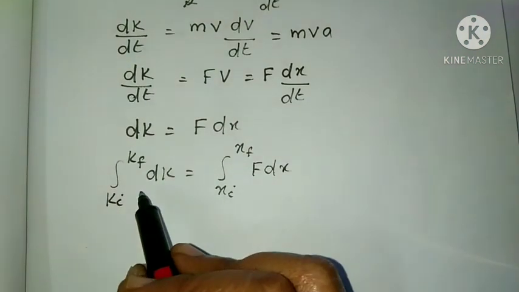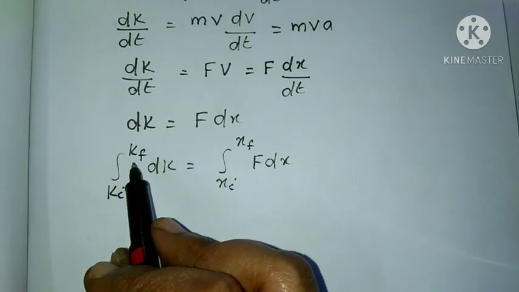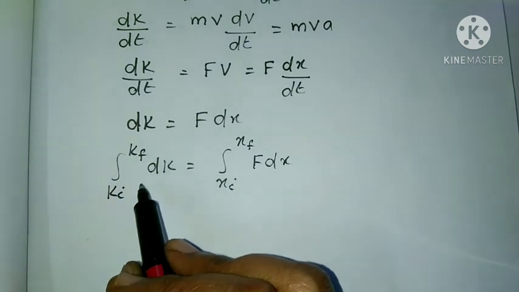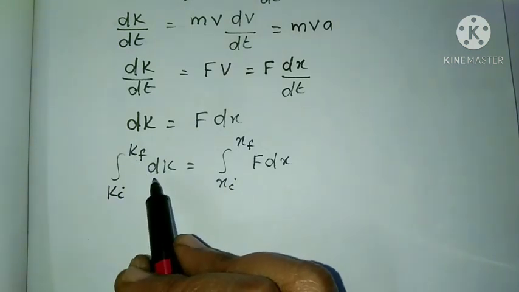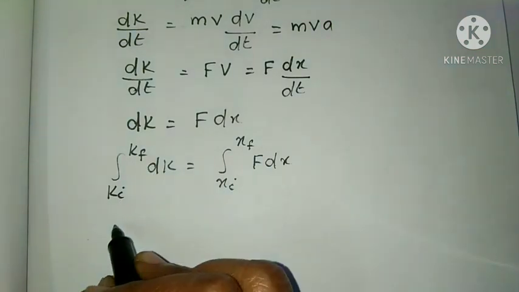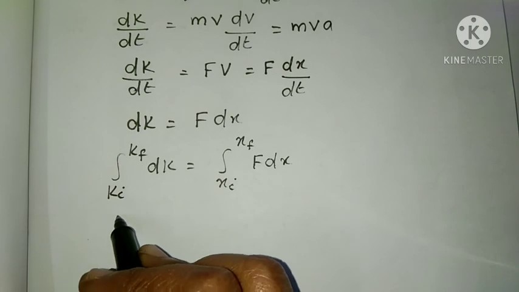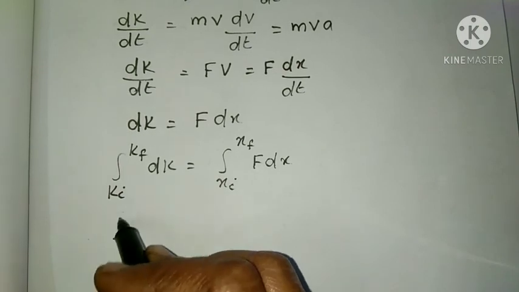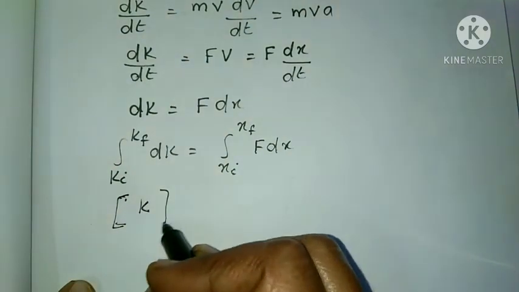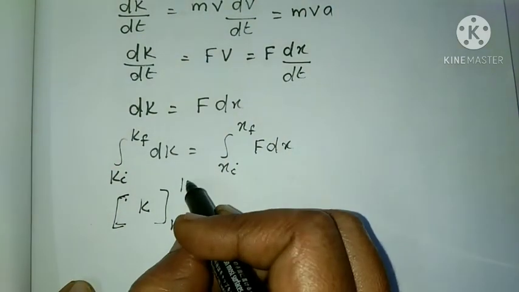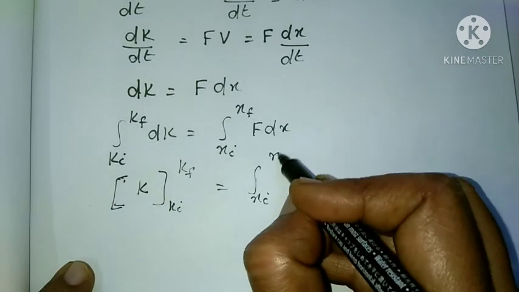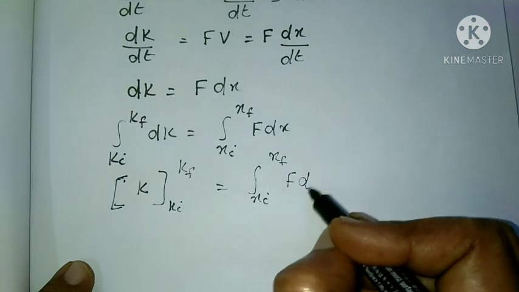So we can apply the limit, that is, K within the limit Ki to Kf, equal to integral xi to xf F dx.